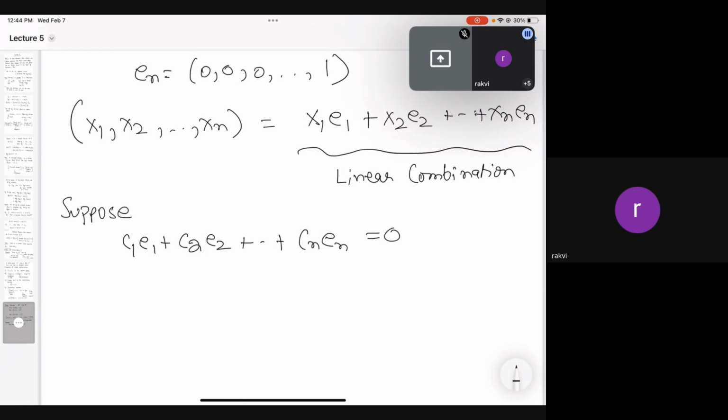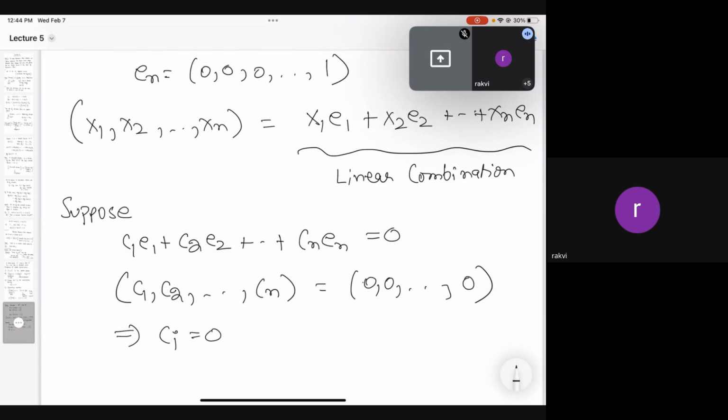What is this vector? This is basically this (c1, c2, cn). Suppose this is 0, and 0 again is 0 in my vector space, so this 0 is the zero tuple. So if this vector is 0, that tells me that all the c_i's are 0.